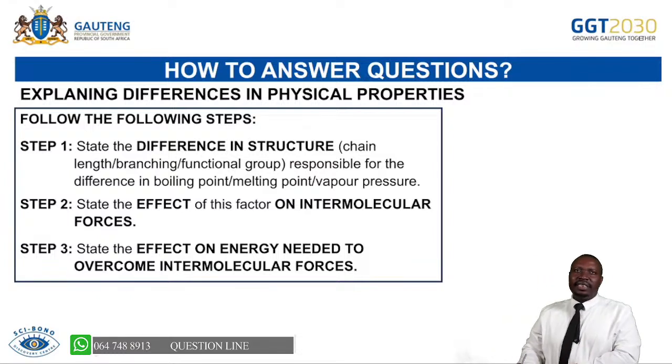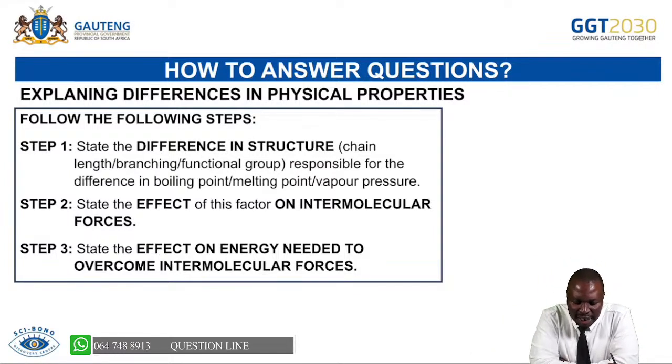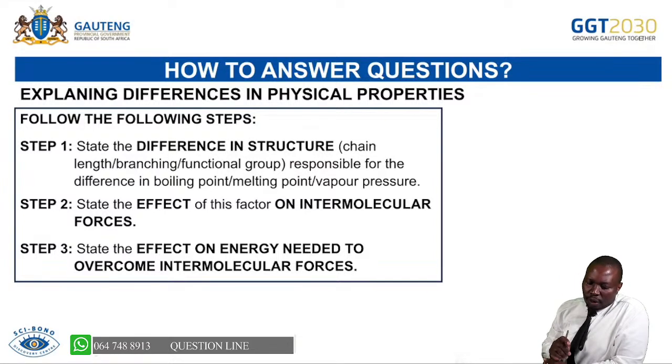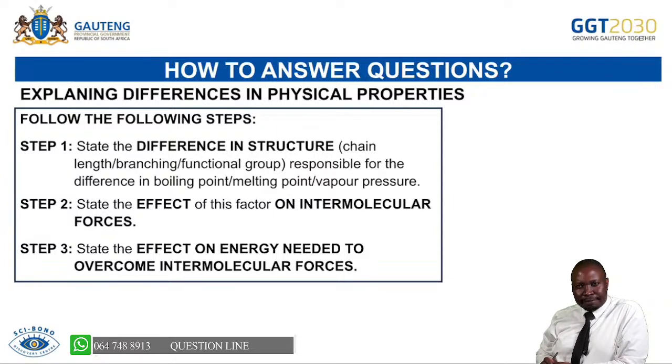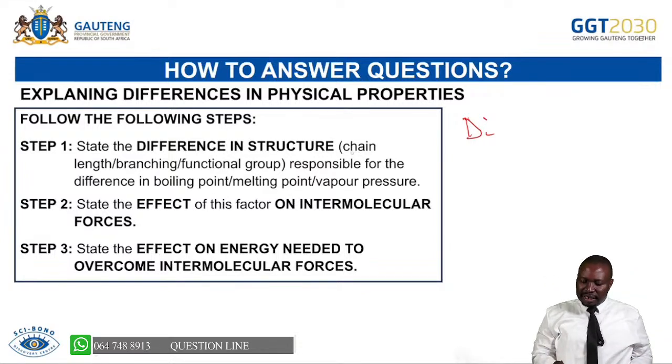How do you answer these types of questions that are about physical properties? I want us to have a nice conversation here and have an understanding of how to answer questions that involve these physical properties. Number one, the first expectation we have of you is to know the difference in structure. Is it the chain length?